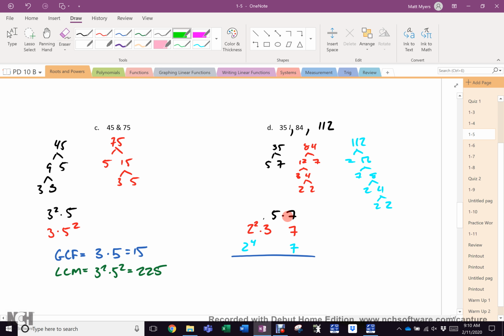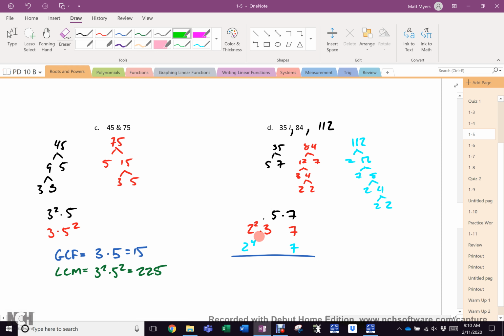There's our list, right? Yes. We need the biggest part of all 3 numbers, yes? Yes. Okay. Is 2 a part of all 3 numbers? No. So 2 can't be part of the greatest common factor because it isn't a part of 35. Is 3 a part of all 3 numbers?